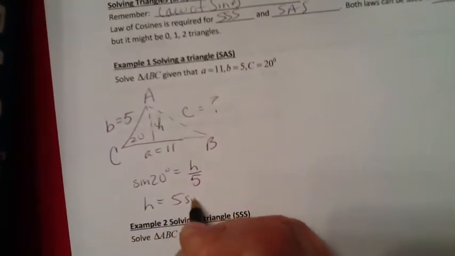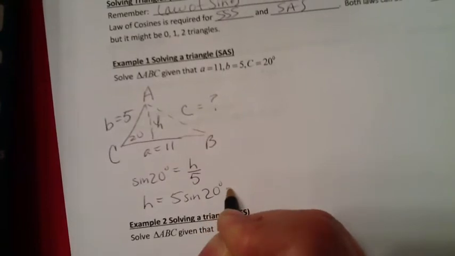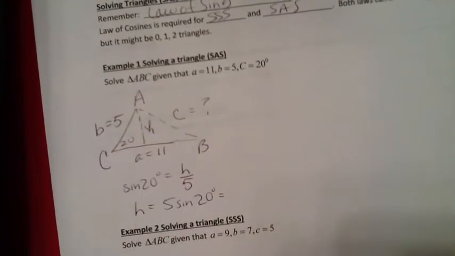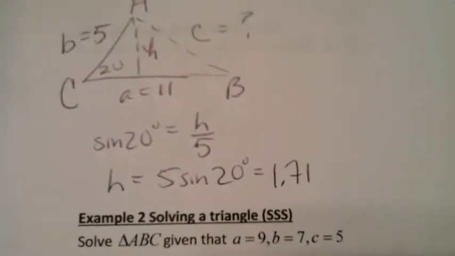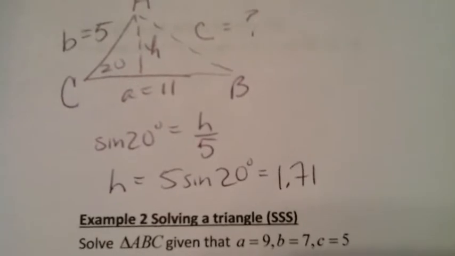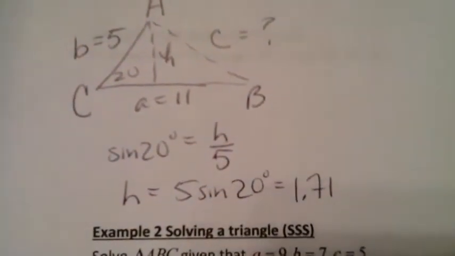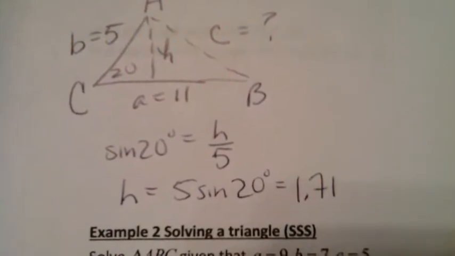And I am going to find what that equals. And if C ends up being greater than that, we will be fine. All right, so now what I have is that H is 1.71. So C better be bigger than that, because H is our smallest side.